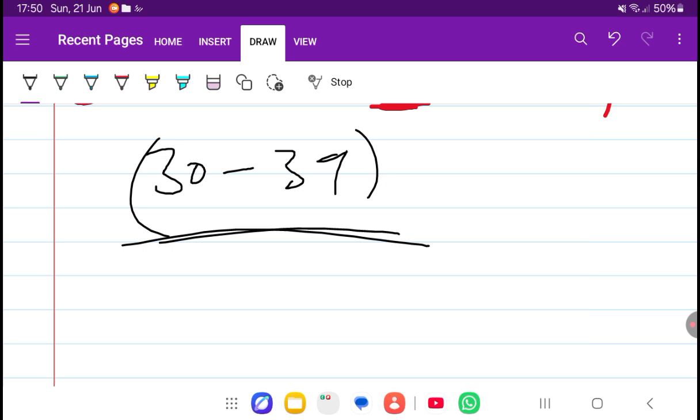Maybe we can have a simple illustration. Let's have a simple illustration.